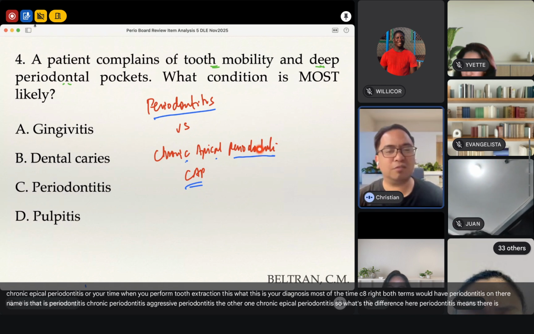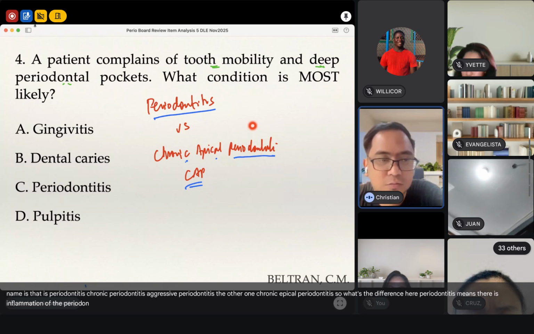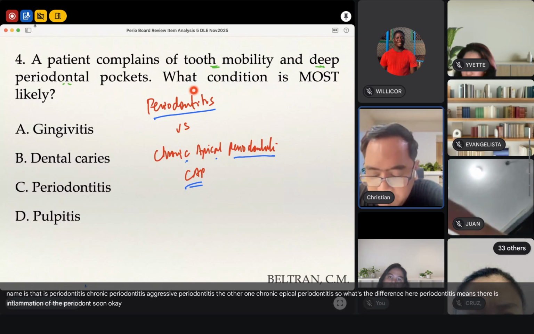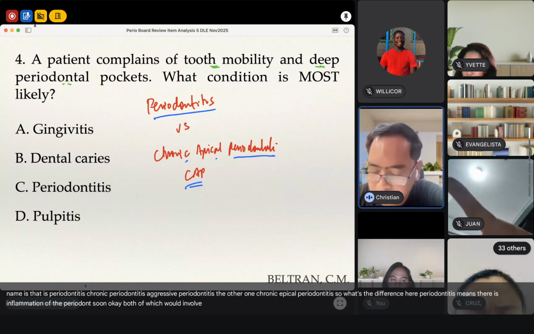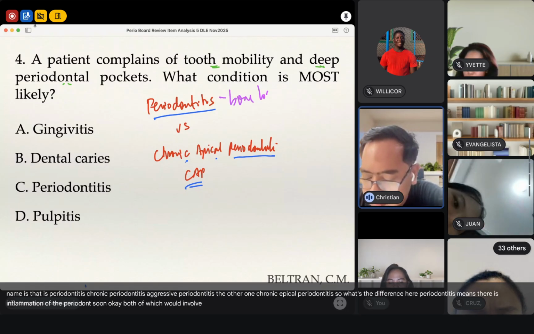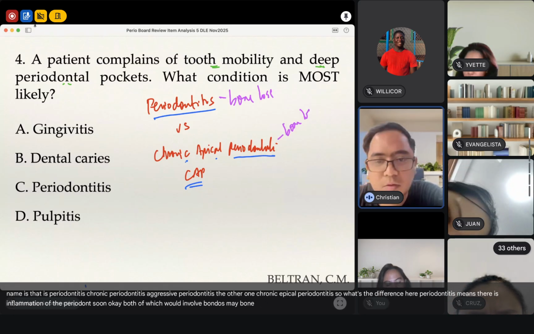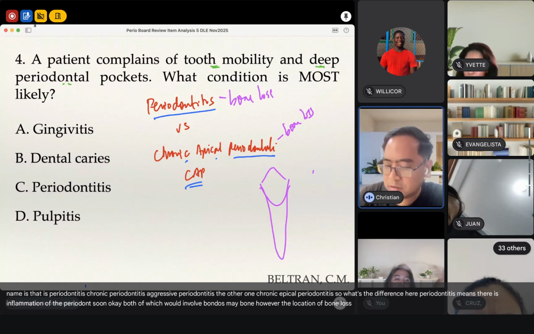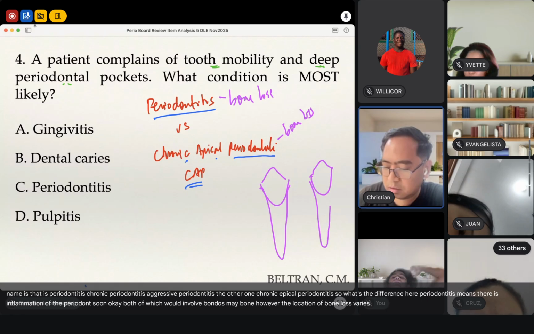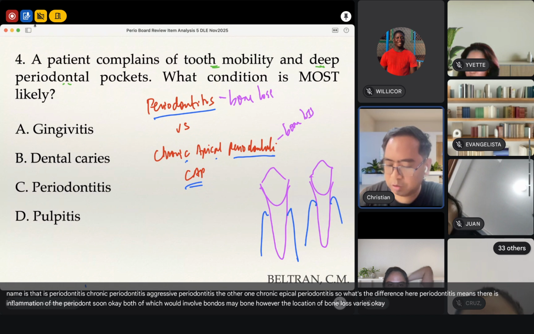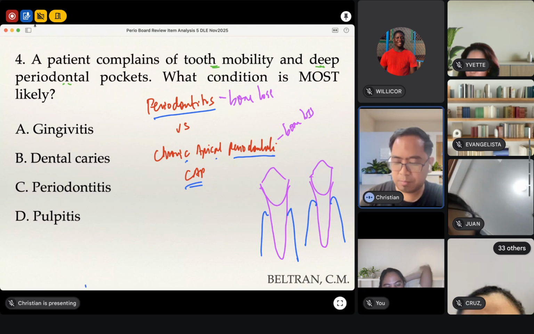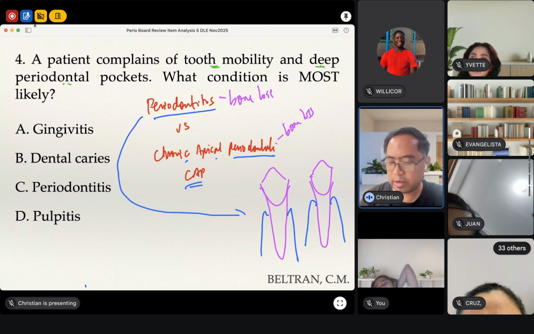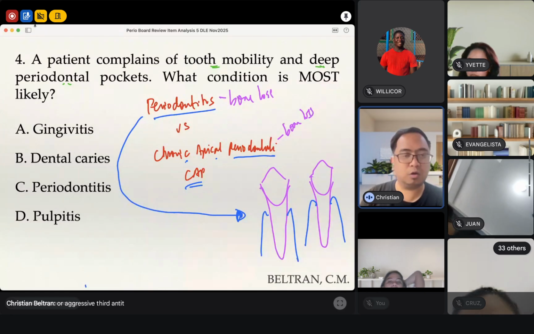Periodontitis means there is inflammation of the periodontium. Okay? Both of which would involve bone loss. May bone loss sila pareho. However, the location of bone loss varies. So in periodontitis, be it chronic or aggressive periodontitis, where is the bone loss?